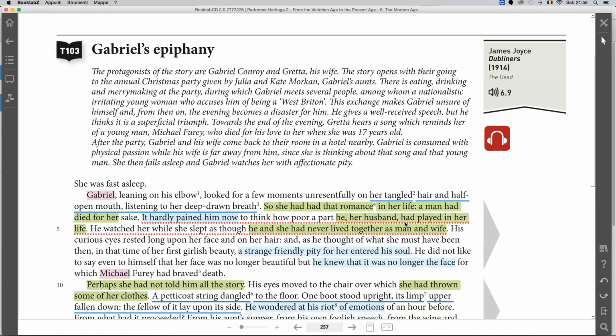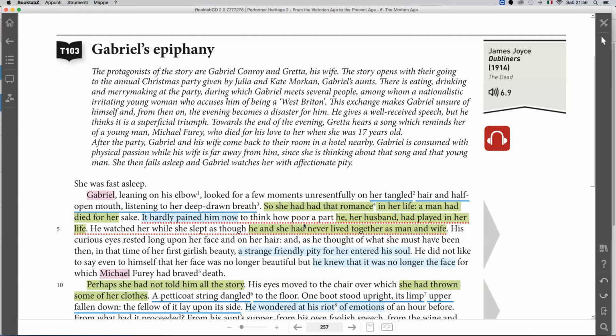The epiphany comes after Gabriel is looking at his wife sleeping, and it's a very insignificant and unimportant event that develops into a kind of sudden revelation of the truth.